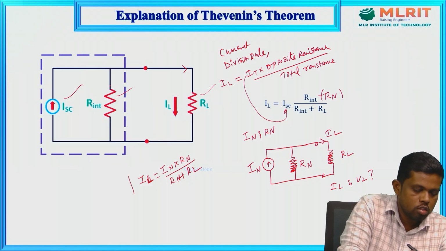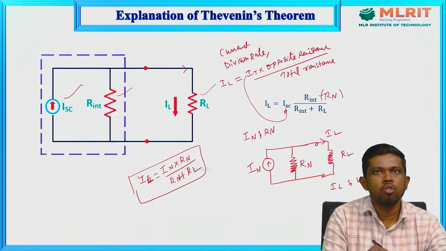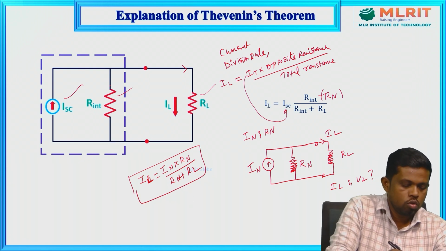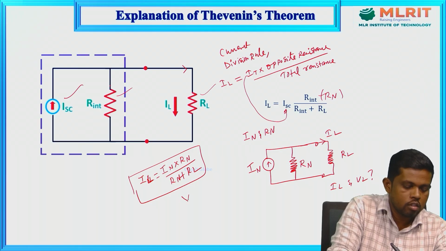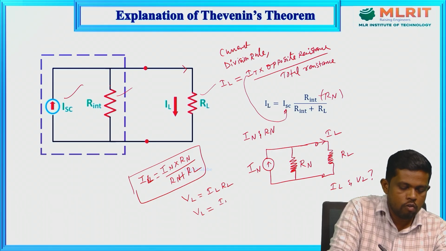So this is the procedure to get the load current value by using Norton's theorem. Similarly, we can also get the voltage across the load resistor, that is VL equal to IL into RL. So based on this formula, we can get the load current, IL equal to IN into RN divided by RN plus RL.